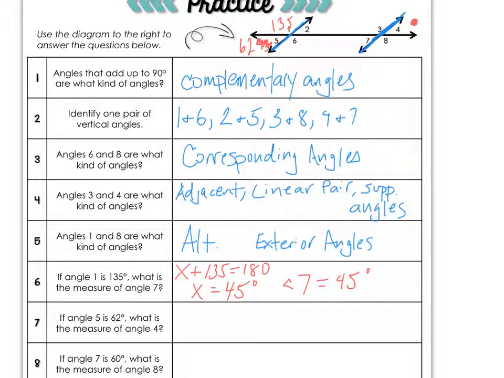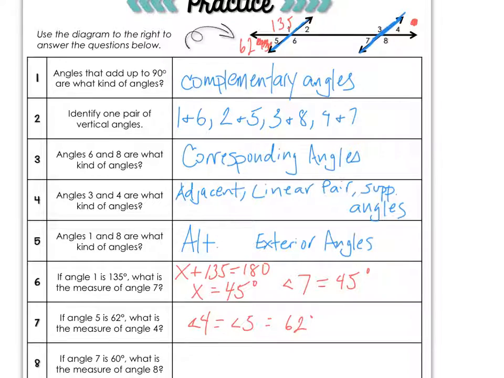Is there a unique relationship between angle 5 and angle 4? There most certainly is. These are alternate exterior angles, and alternate exterior angles are equal to each other when we have parallel lines, which of course we do. So angle 4 is equal to angle 5, which is 62 degrees.